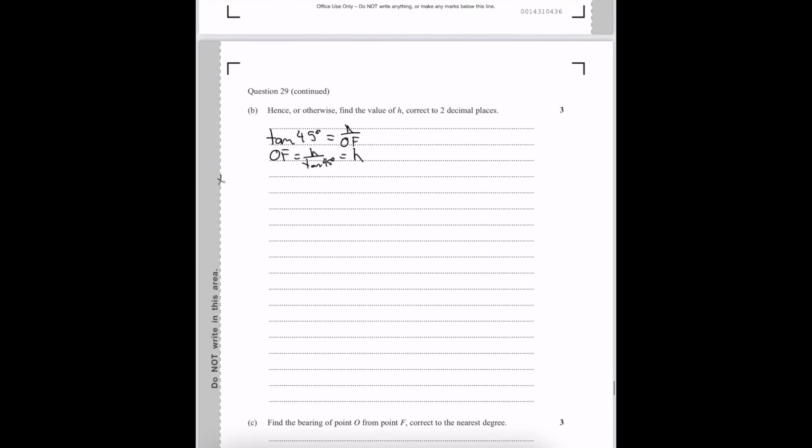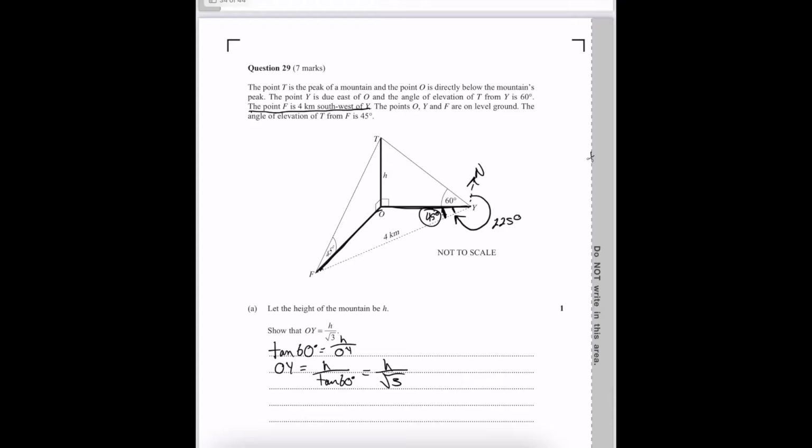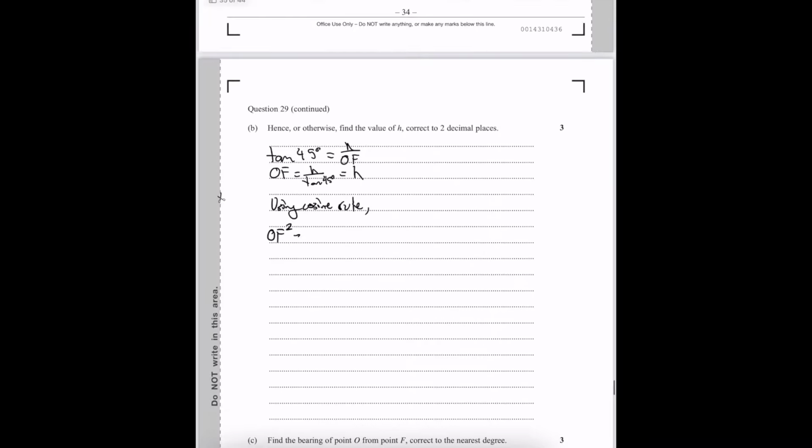So using the cosine rule, we know that OF squared, so this line here, is equal to OY squared plus FY squared, minus 2 times OY times FY times cosine of the angle in between, which is 45 degrees.